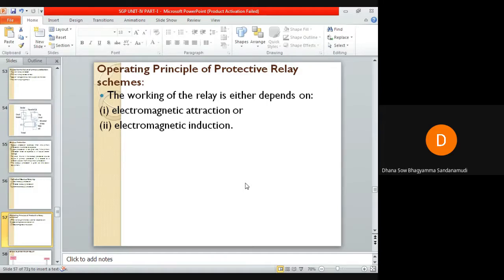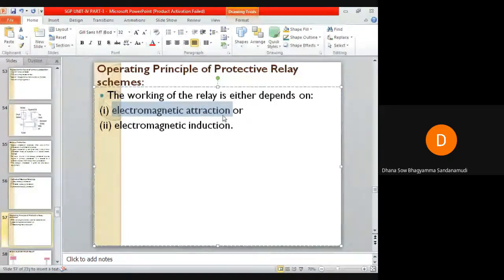If the relay is an electromagnetic attraction type relay, then it will have a solenoid, which is attracted towards the poles of the electromagnet. These relays will work on both AC and DC supply.